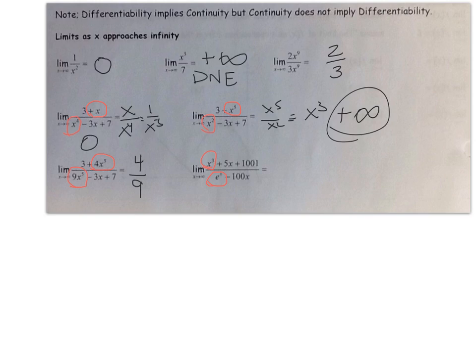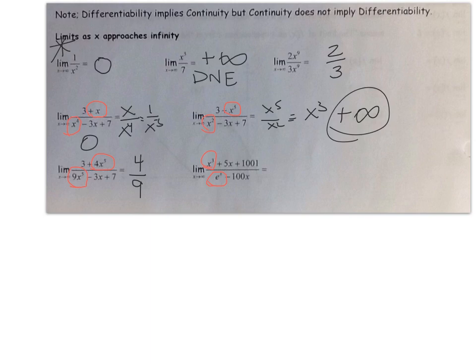The e to the x is going to carry more weight than any other term in this particular rational function. So this would be comparable to that first one we looked at, where the degree of the bottom is greater than the degree of the top, because an exponential is going to make that grow way faster than the numerator.